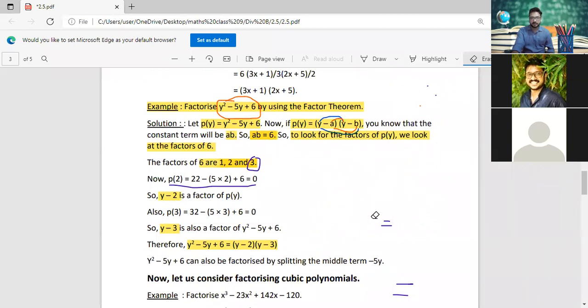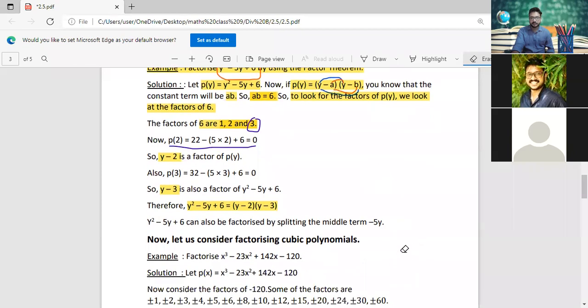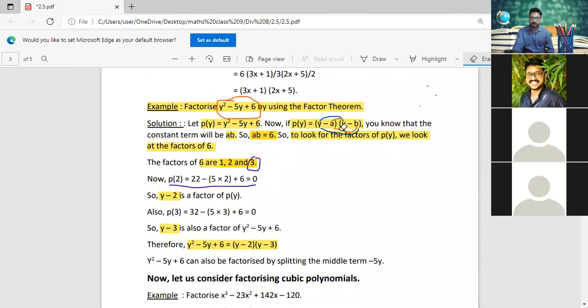Is it clear to you? Yes, sir, I have a doubt. Okay, ask. Sir, you have written that when we take the value of y as 2, the term y square is written as 22. Why is it so? 2 squared is 4 only. It's 22, not 2 squared.